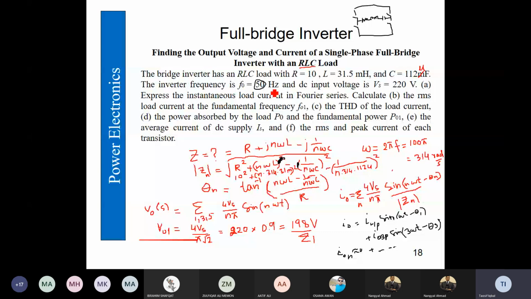Inverter frequency is 50 Hertz and the DC input voltage is 20 volts.